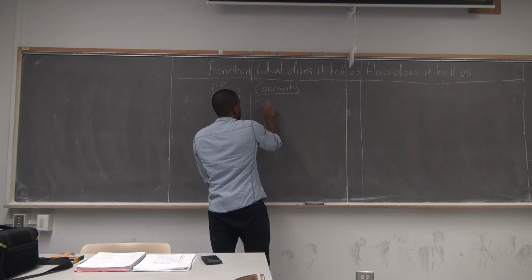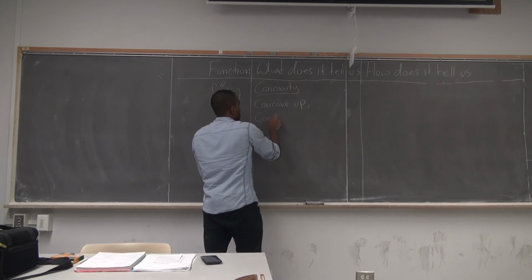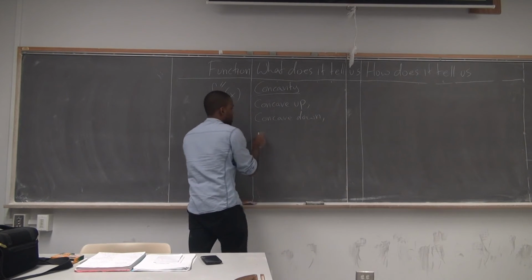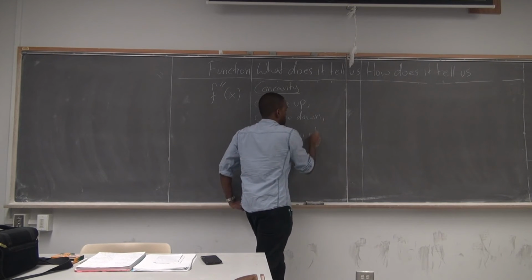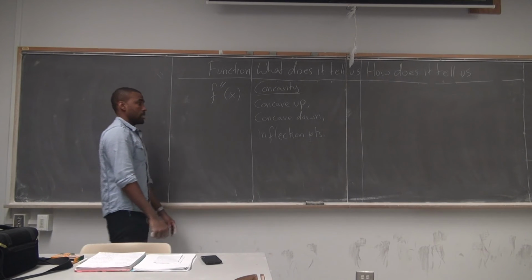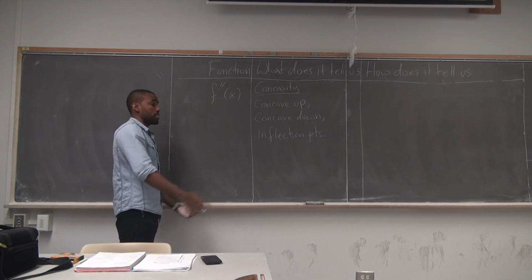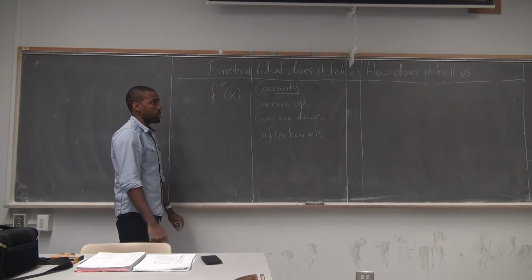It tells us when something is concave up, concave down, and of course by extension it tells us where inflection points will occur. So that's the information, right? So if I ever want to find where something is concave up or concave down, or where an inflection point will occur, the second derivative is the function I'm going to look at to get that information, right?